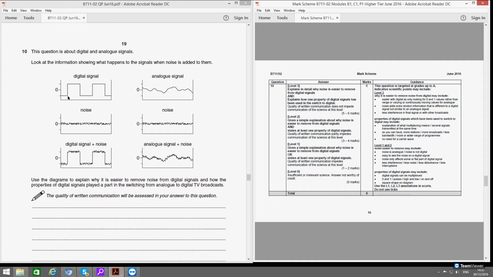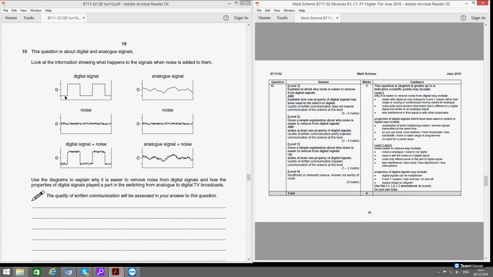So it's easier to remove the noise from just one of 2 values than it would be to remove noise from a continuous value. That's a continuous value, whereas digital signals only have 2 values, 0 and 1.